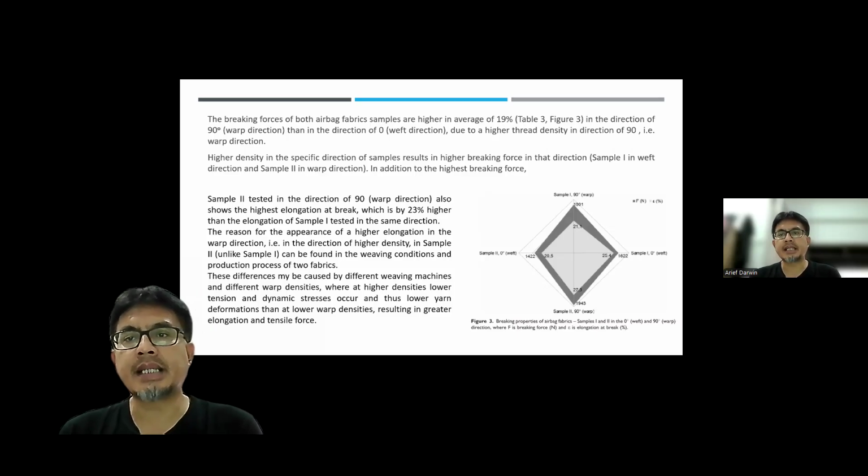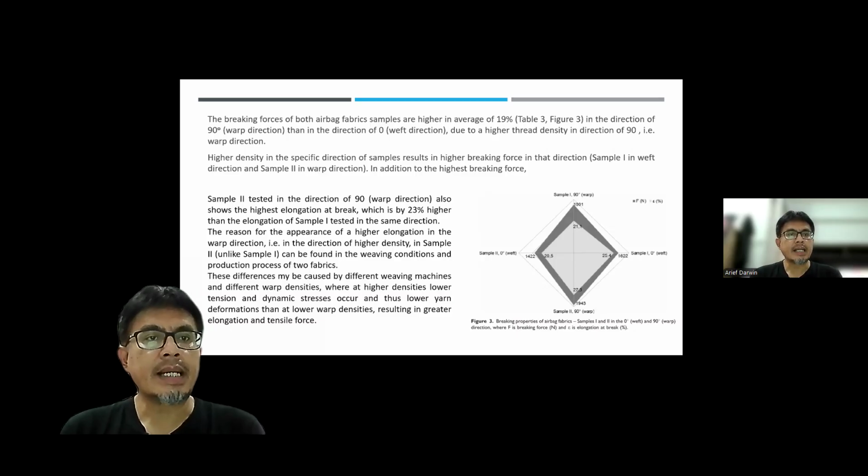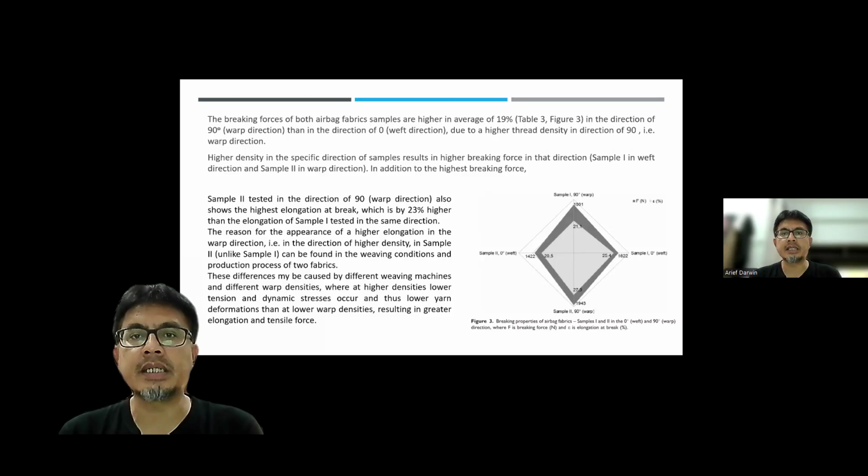This is due to the higher thread density in the direction of 90 degrees. Higher density in a specific direction of the samples results in a higher breaking force in that direction: sample 1 in weft direction and sample 2 in warp direction.